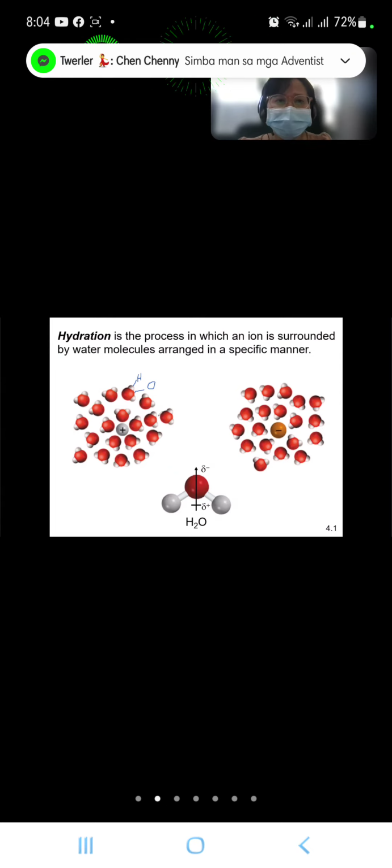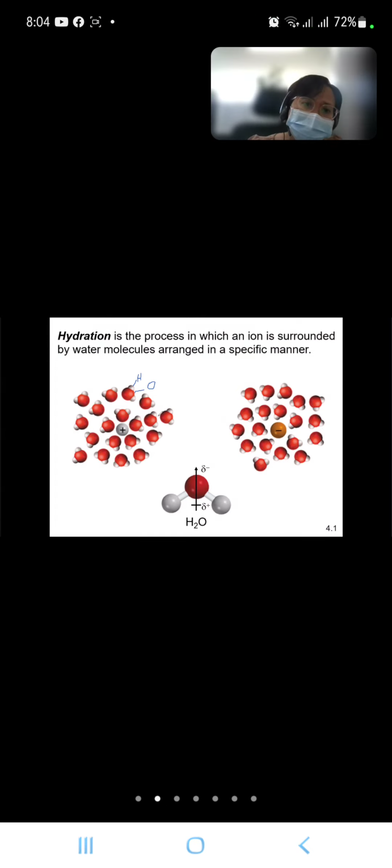Now, what happens during hydration is that oxygen is partially negative, okay? The hydrogen atom is partially positive.